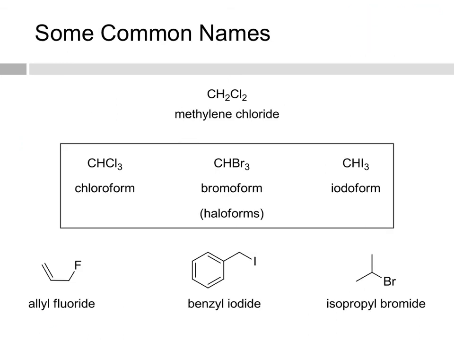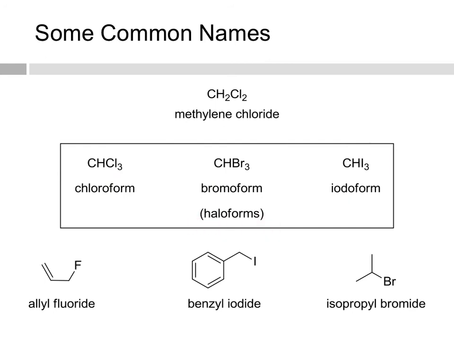There are some common names associated with alkyl halides. Methylene chloride is CH2Cl2. Its IUPAC name is dichloromethane, but oftentimes people will refer to it as methylene chloride. Then we have chloroform, and likewise, we also have bromoform and iodoform, and these three compounds are known as the haloforms.